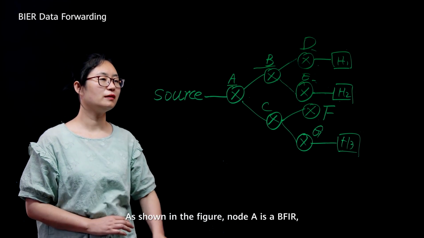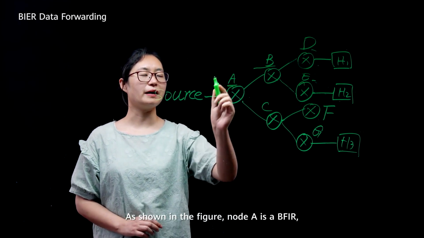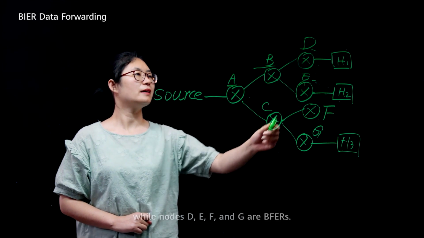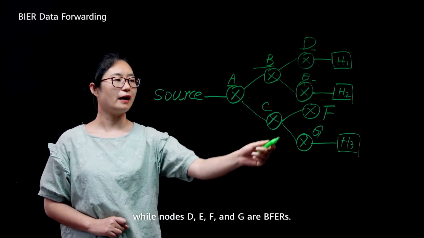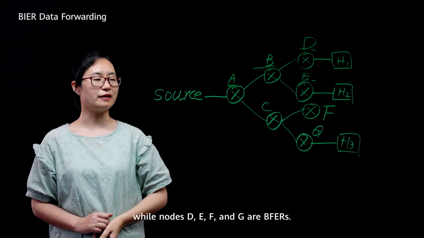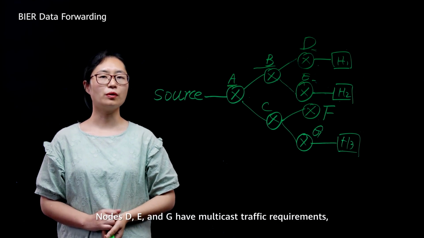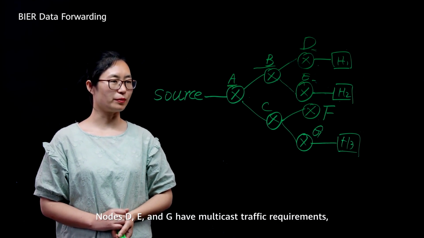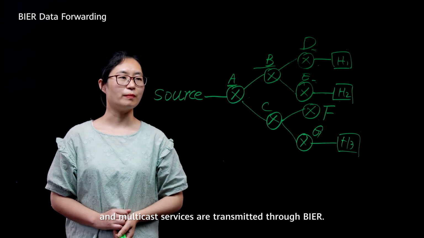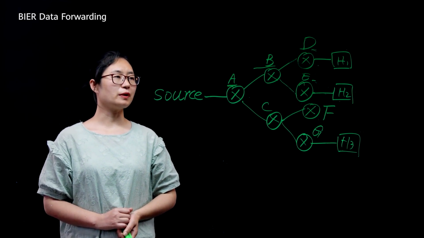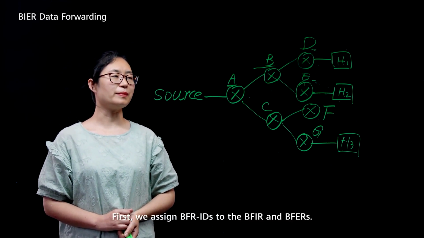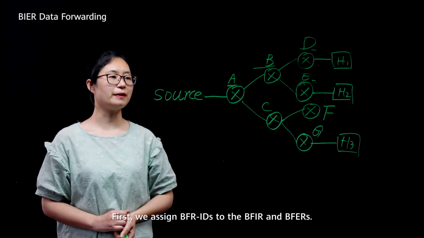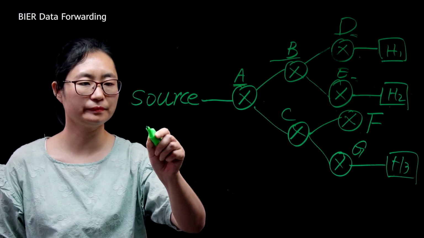As shown in the figure, node A is a BFIR, while nodes D, E, F, and G are BFERs. Nodes D, E, and G have multicast traffic requirements, and multicast services are transmitted through BIER. First, we assign BFR IDs to the BFIR and BFERs.